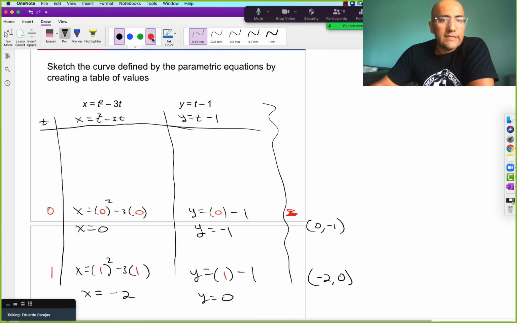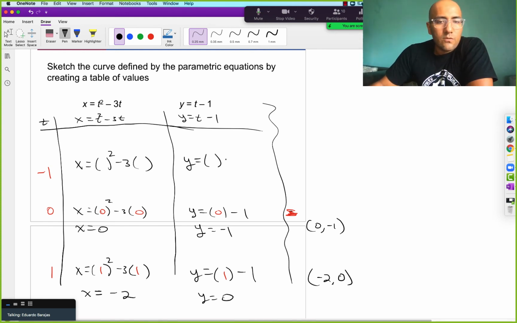Good. We can also let t be equal to a negative value, like negative 1. Then x equals blank squared minus 3 times blank, and y equals blank minus 1, and we let this blank be negative 1. So that becomes positive 1 plus 3, so x equals 4, and y equals negative 2. So now we have the ordered pair 4 comma negative 2.